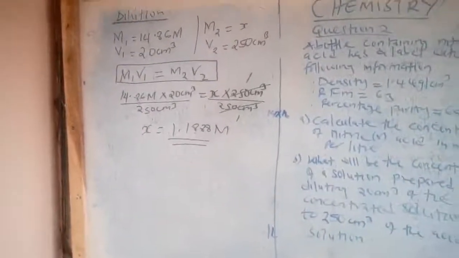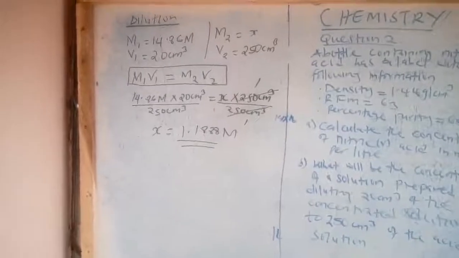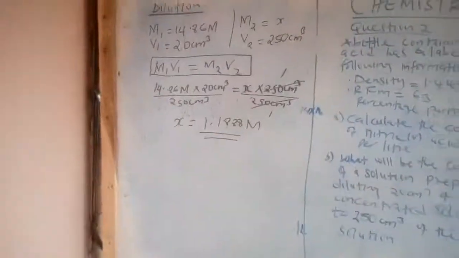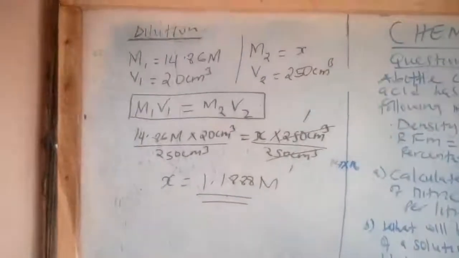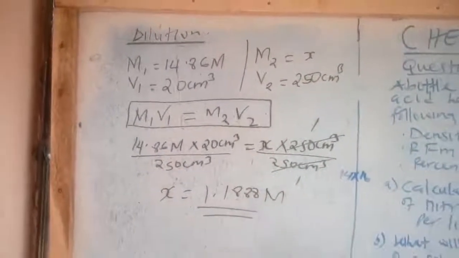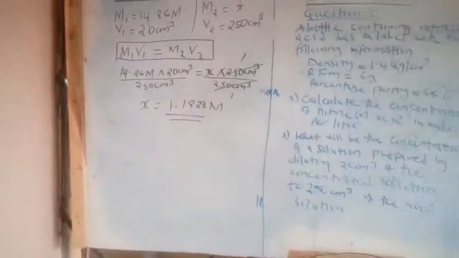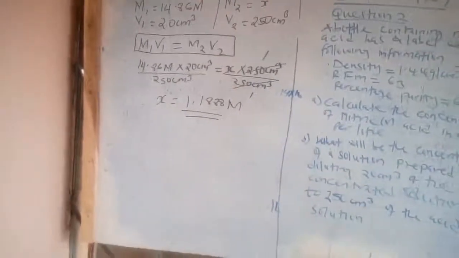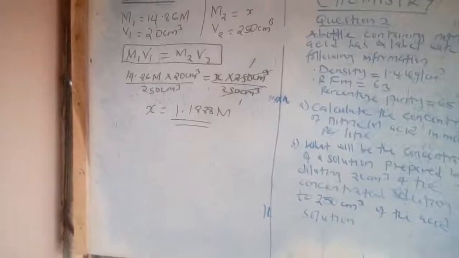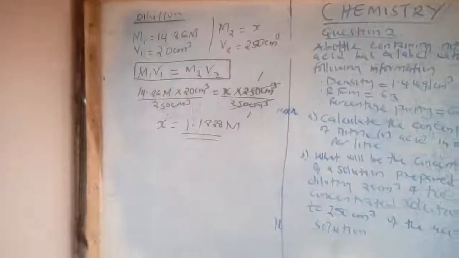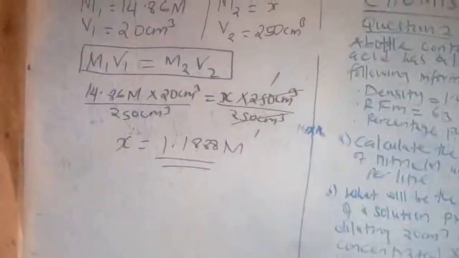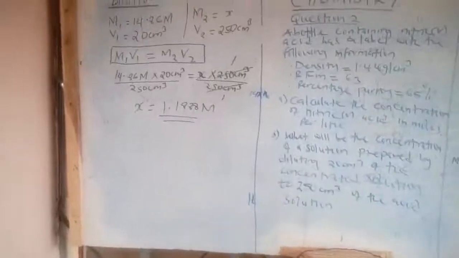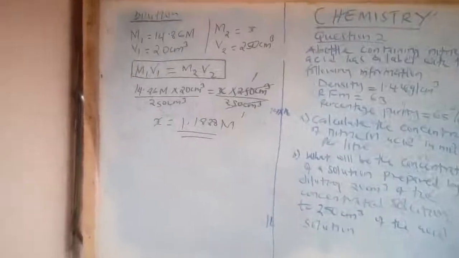So you find that there is more water, not 400 actually, supposed to be 250. You subtract 20, and therefore you are supposed to get 230, meaning that 230 cubic centimeters of distilled water was added to 20 cubic centimeters of the concentrated sulfuric acid to make the diluted solution.